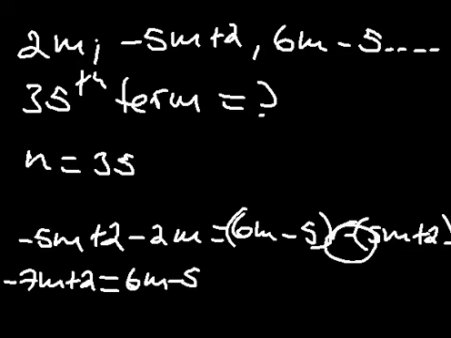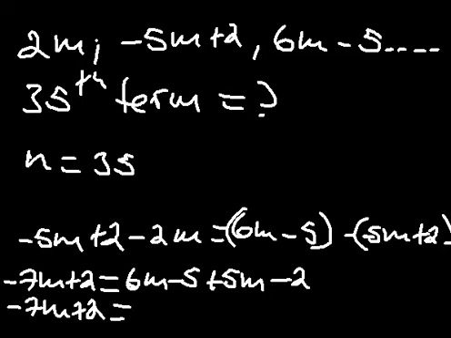We'll have to distribute this negative: minus times negative 5m gives a positive 5m, and minus 2. So now we collect like terms: negative 7m plus 2 equals 11m minus 7.